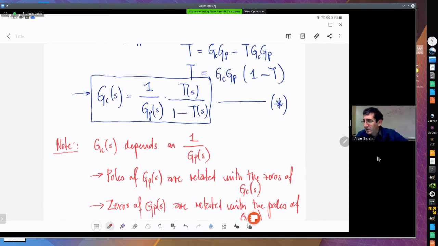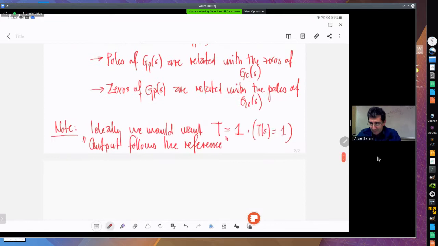If the denominator goes to 0, basically this whole thing would go to infinity. That means the controller would need to have an infinite gain in order to be able to achieve that. So we see from star that this is not possible.